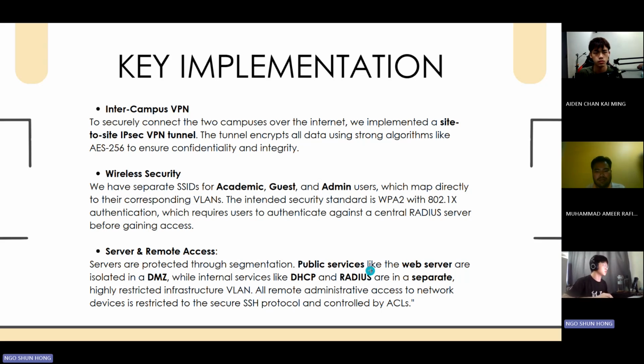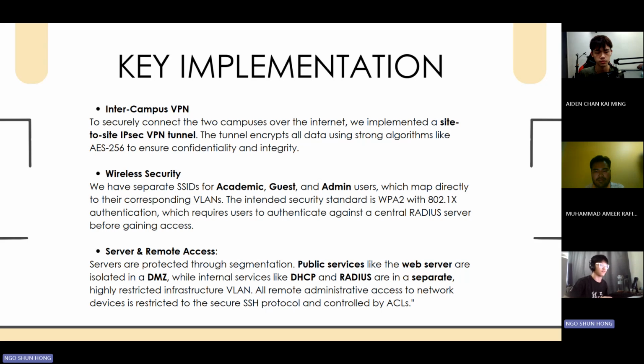For the next one, which is our wireless access, our design uses a centralized VLAN controller. We have separate SSIDs for academic, guest, and admin users, which map directly to their VLAN.